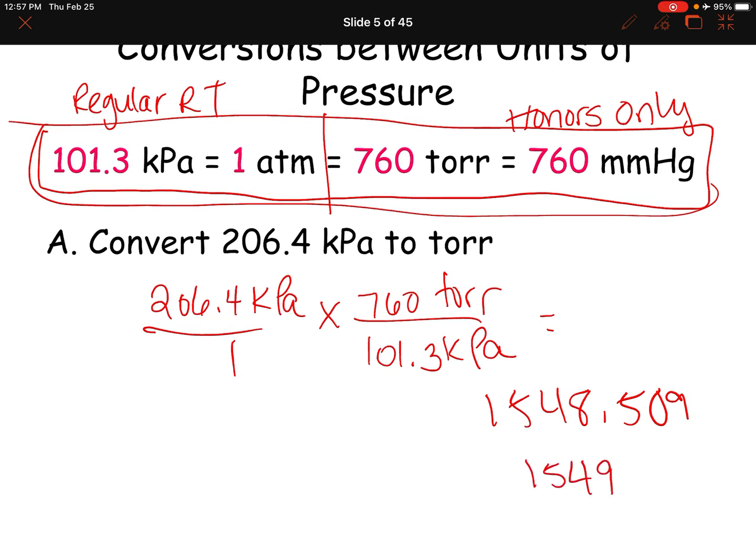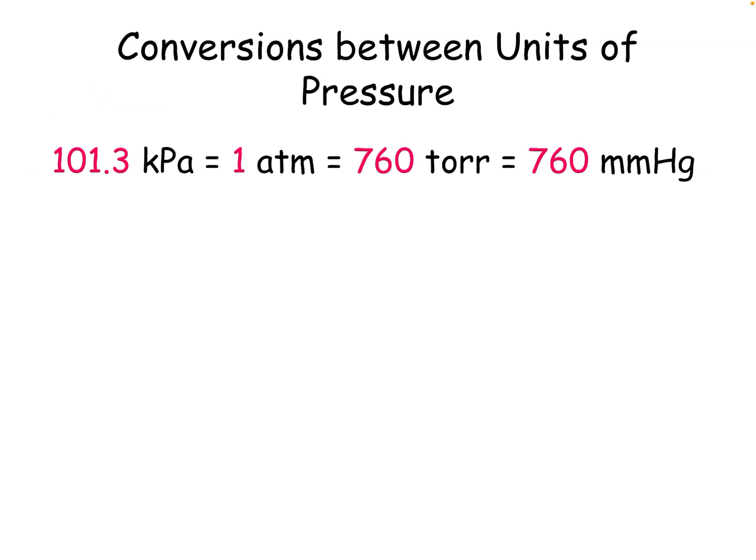But if you're not rounding to sig figs, you can just keep it as maybe 1548.5, and that would be fine. Your units would be torr. Okay. Let's try another one.